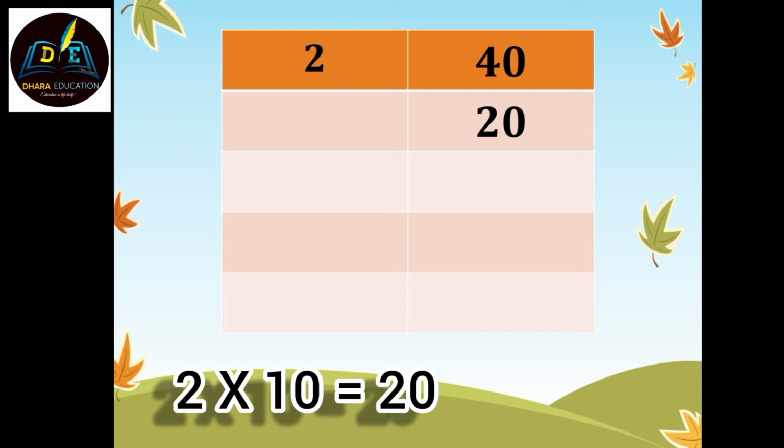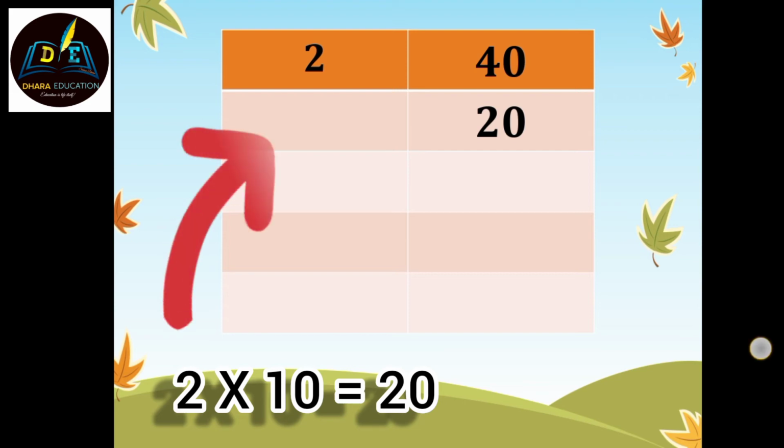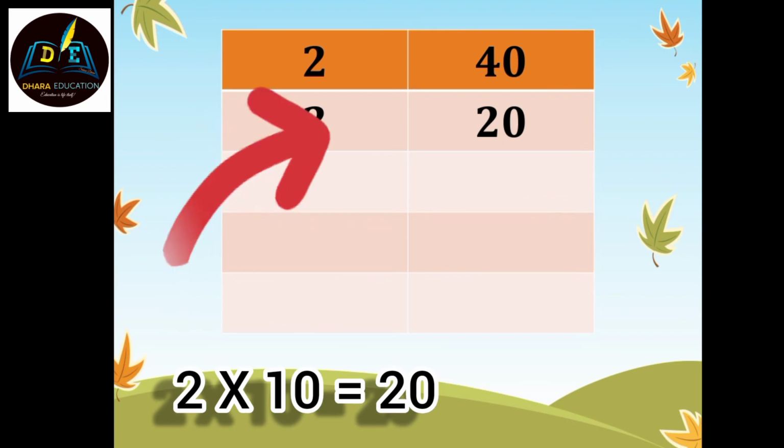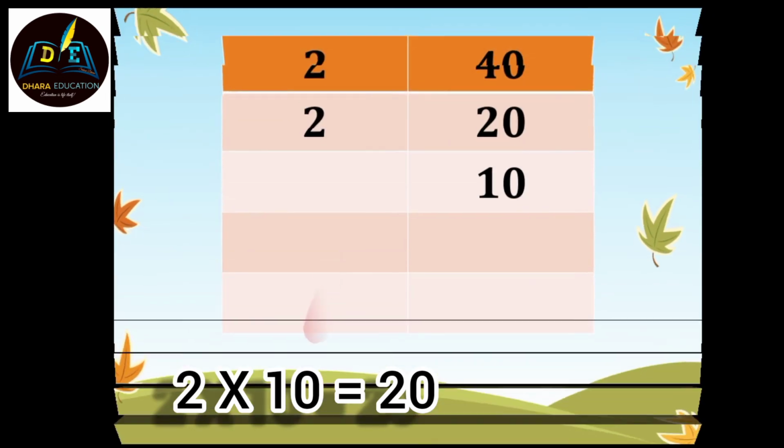So in the case of 20 also we write 2 10s are 20. We are taking table 2, so we write it on the left hand side like this. And then 2 how much are 20? 2 10s are 20. So 10 we write below 20 like this.